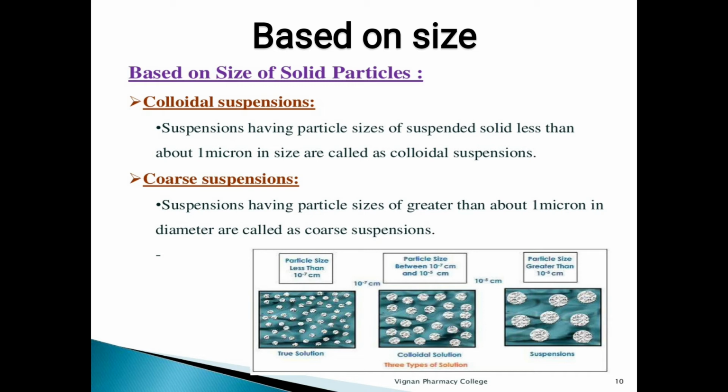Coarse suspension: so what is the coarse suspension? You can see here in the diagram the particle size. A suspension having particle size of greater than about 1 micron in diameter is called a coarse suspension.